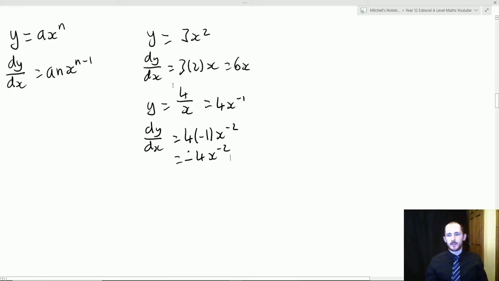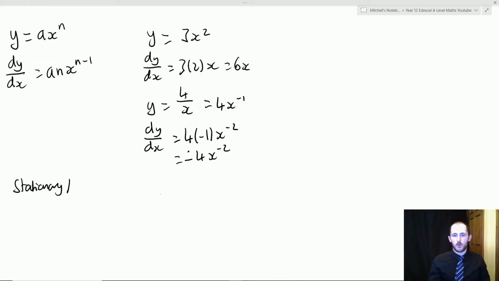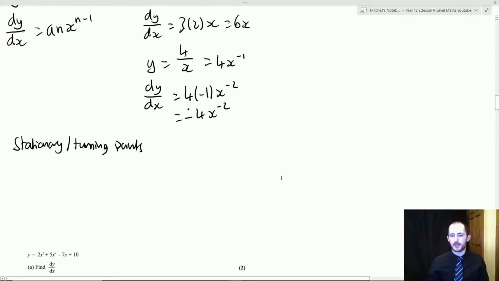Now, this seems quite basic, but there are a few other things that we have to know. First of all is something called stationary or turning points. So, with most coordinates on a graph, they're actually kind of boring, okay?